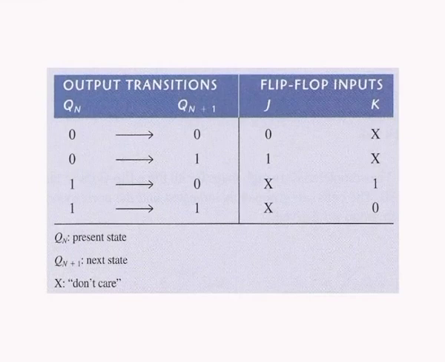For each output transition, the J and K inputs that will cause the transition to occur are listed. An X indicates a don't care. The input can be either a 1 or a 0. To design the counter, the transition table is applied to each of the flip-flops in the counter based on the next state table.